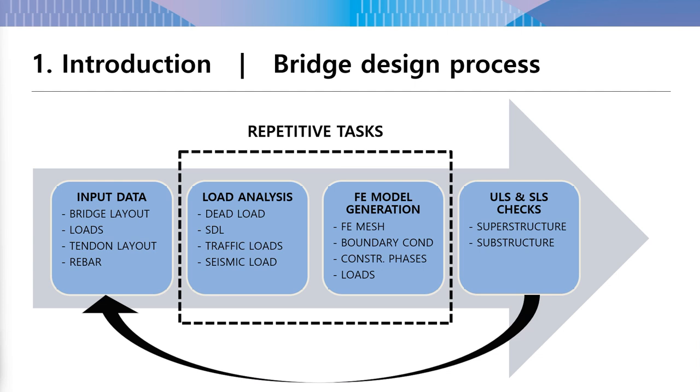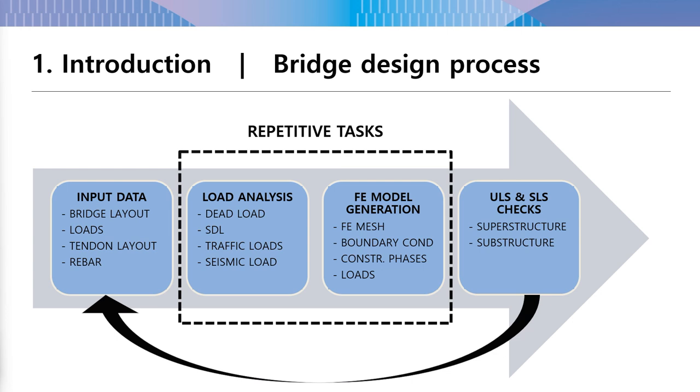After that, we go through steps 2 and 3 once again. We modify our FE model, perform structural analysis, and go through ULS and SLS checks once again. If they pass now, the bridge design process is completed, and if they do not pass, we need to revert back to the initial step and go through this cycle once again.